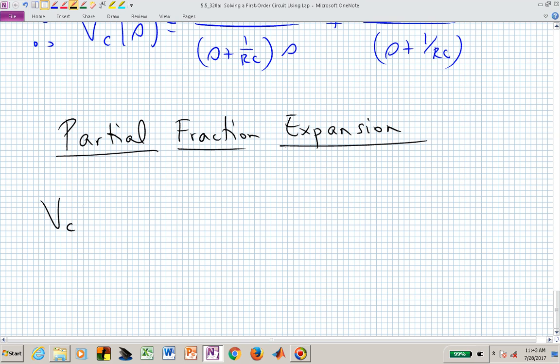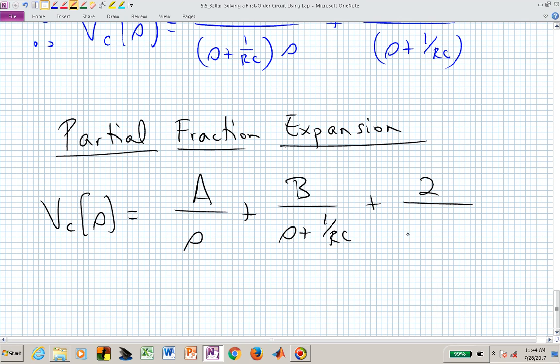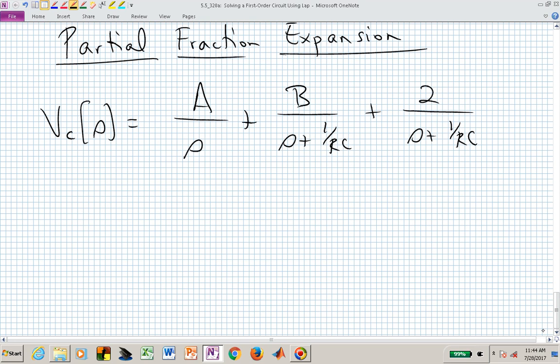In this case, V sub C of S is now some A over S plus some B over S plus 1 over RC, plus 2 over S plus 1 over RC. Whatever 1 over RC is, that will give us our pole location, and the last of those three terms is already determined. The weighting would be 2, and its functional form would be e to the minus 1 over RC times time t.